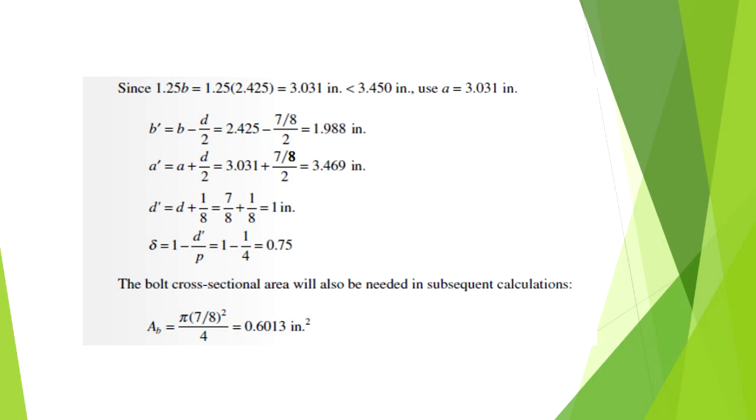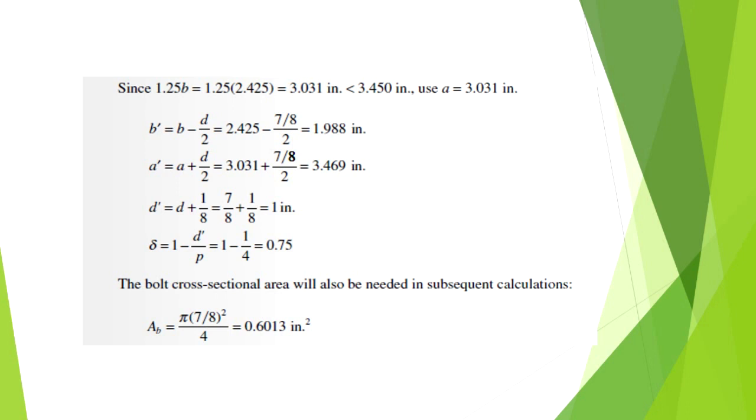b prime is equal to b minus d over 2, or 2.425 minus (7/8)/2, which is equal to 1.988 inches. a prime is equal to a plus d over 2, which is 3.031 plus (7/8)/2, equal to 3.469 inches. d prime is equal to d plus 1/8, which is 7/8 plus 1/8, equal to 1 inch.